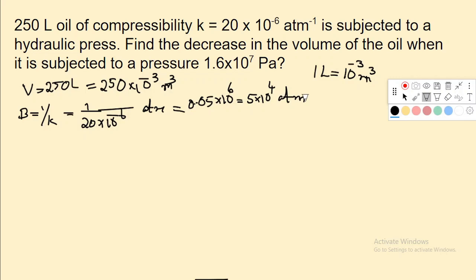But when it is converted into Pascal, we should convert it into Pascal. 1 atmosphere is equal to 1.013 into 10 raised to 5 Pascal.